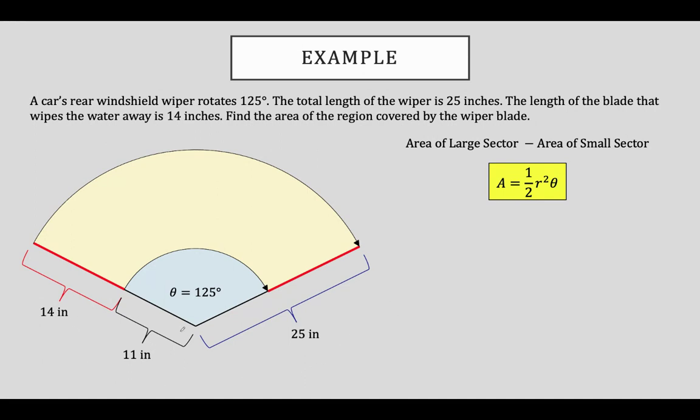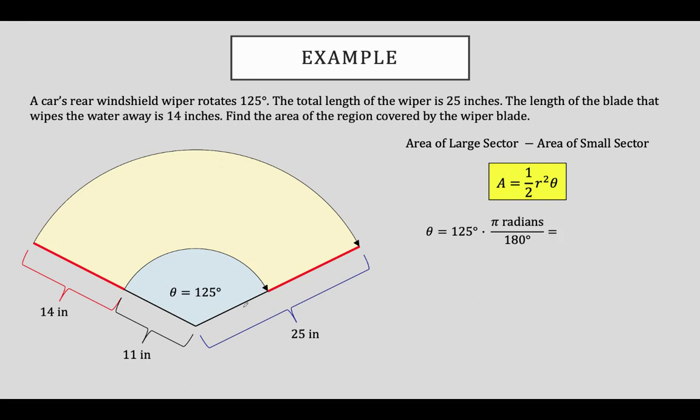Oh, one other thing to make note of is that if we're going to find the area of this blue sector, we need to know the radius of the arc here that we sweep through. And to find that, we would take 25 and subtract 14. 25 minus 14, that gives us 11 inches for the radius of this smaller sector. So we have theta is equal to 125 degrees.